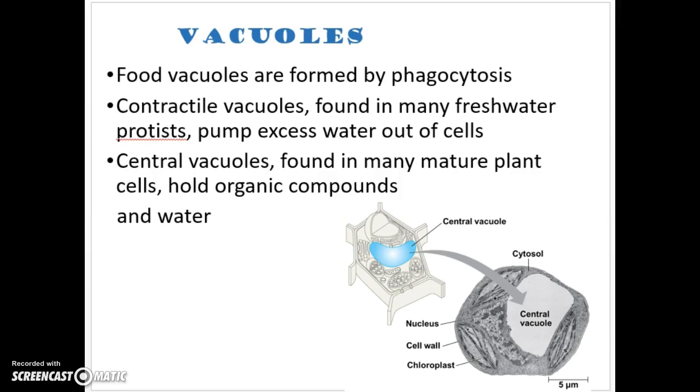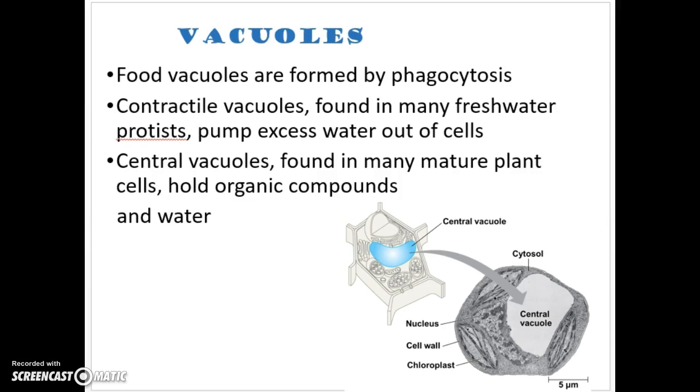Common vacuoles that you will find in an animal cell would be phagocytic vacuoles. That is a vacuole that engulfs something in order to digest it. It engulfs it and closes it within it. It eats it, essentially. Food vacuoles, so food storage vacuoles, you'll see in animal cells.